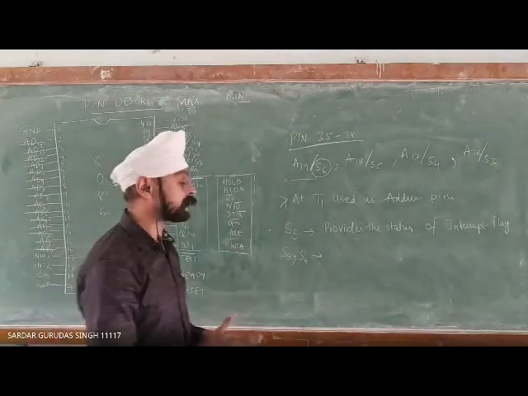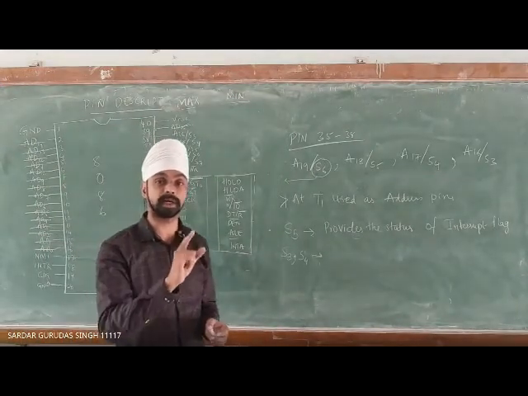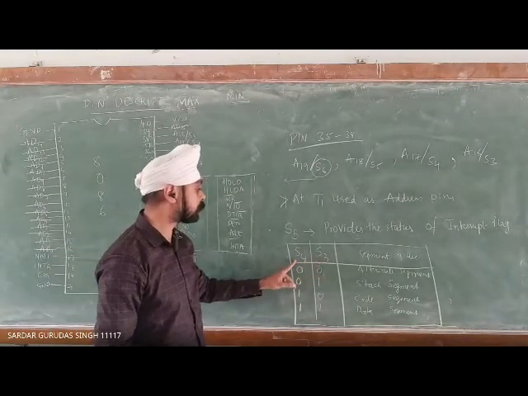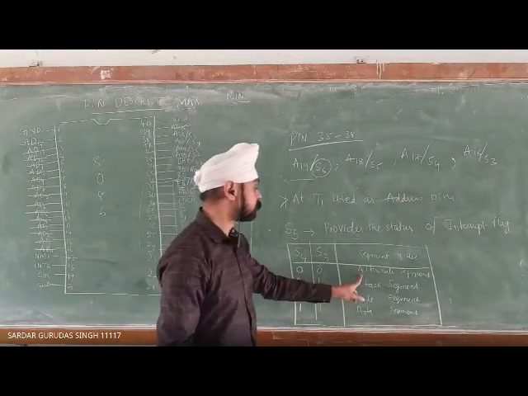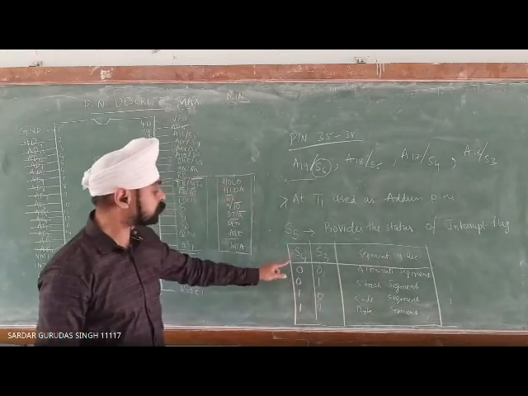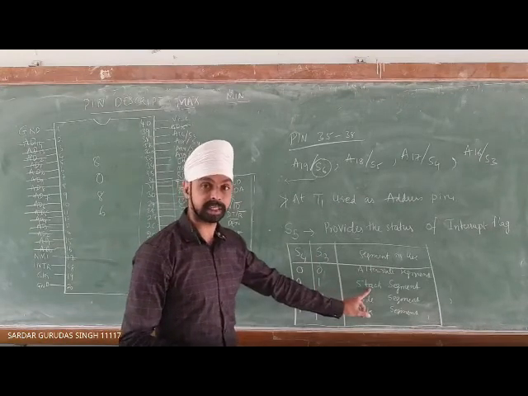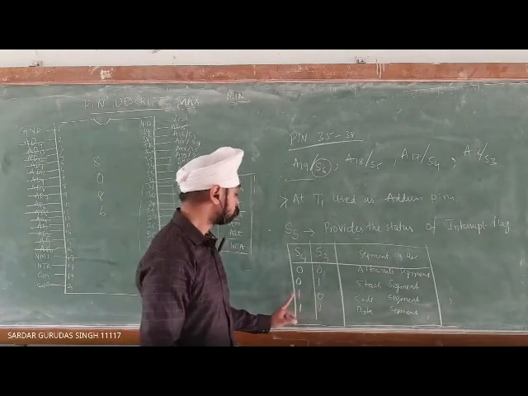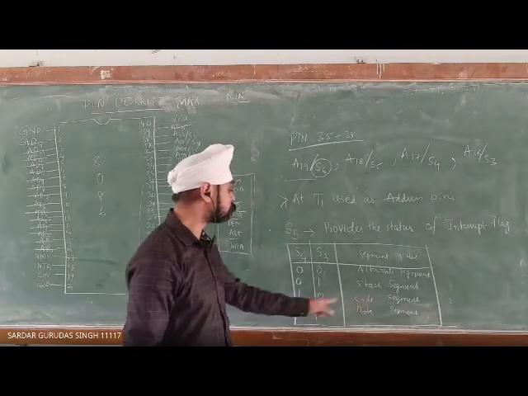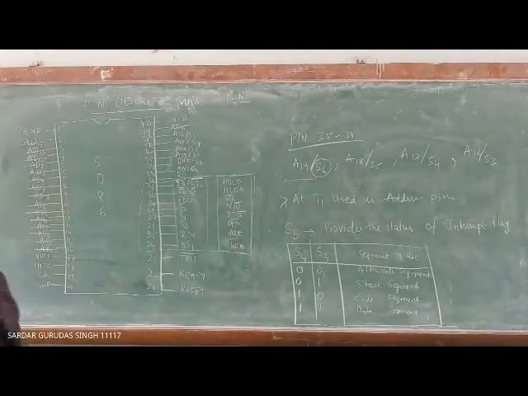If S3 is low and S4 is low, it indicates that the extra segment is being used by the processor. If S4 is low and S3 is high, it indicates that the stack segment is being used. If S4 is 1 and S3 is 0, the code segment is used. If both are high, it indicates that the data segment is being used.